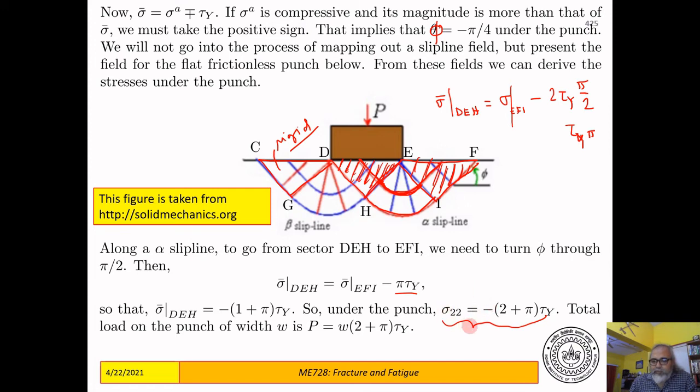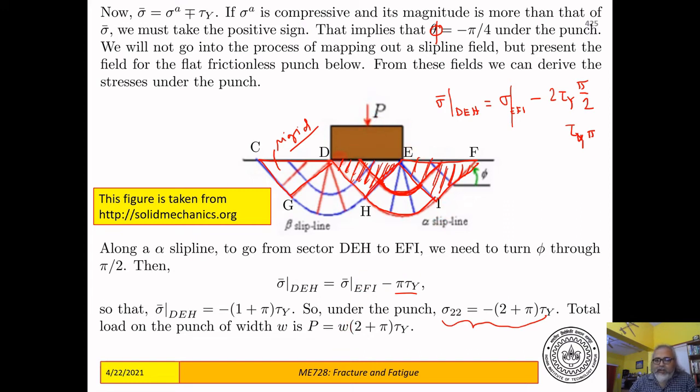This is the sigma 2 under the punch, which means that the total load that you have to apply in order to cause rigid plastic deformation in this region is the width of the punch times this force, and you have to apply it in the compressive direction, in the downward direction.